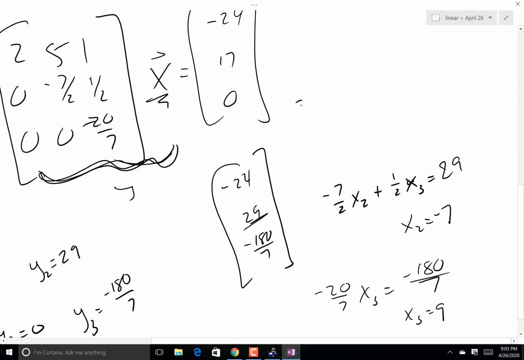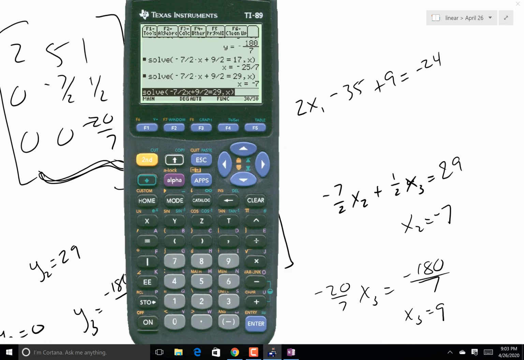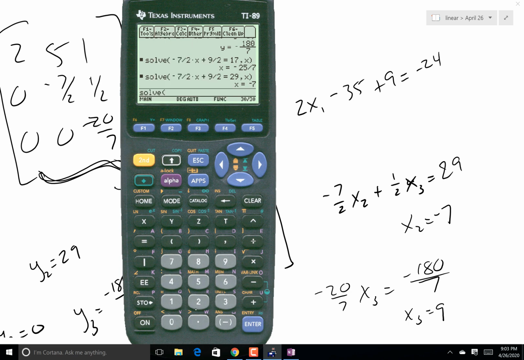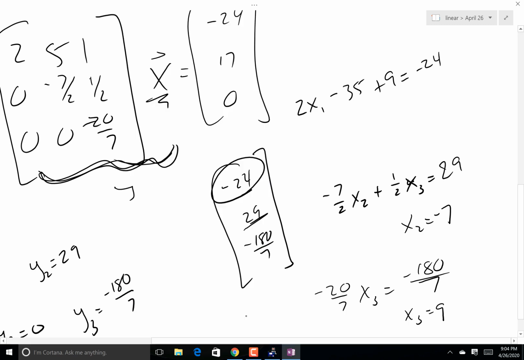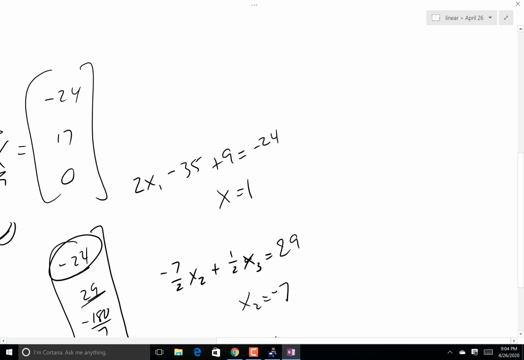Well, hot dang. So that means 2x1 plus negative 35 plus 9 equals negative 24. So let's see what we get here. I can't do math, clearly. Solve: 2x minus 35 plus 9 equals negative 24, comma x. Bam. x is 1. Hey, lo and behold, that's what I wrote in my paper. My final answer is 1, negative 7, 9.